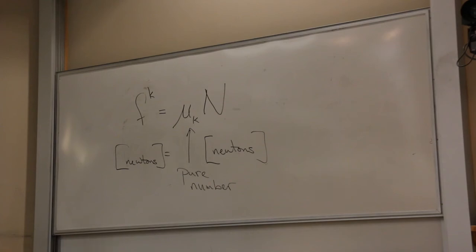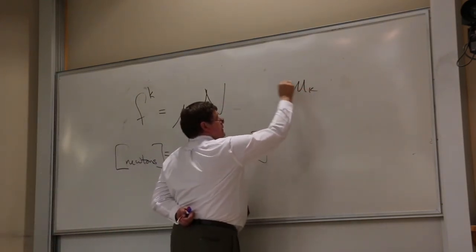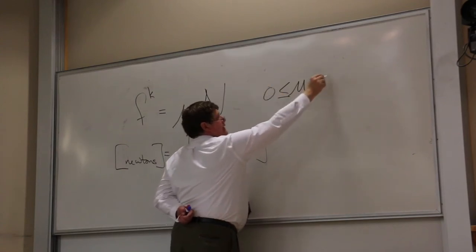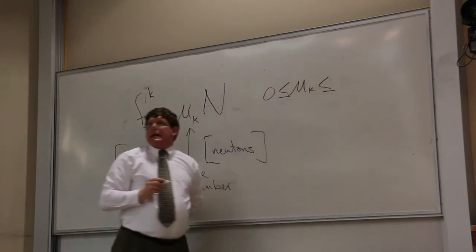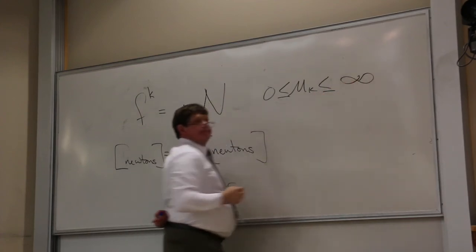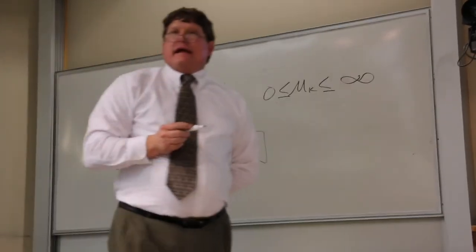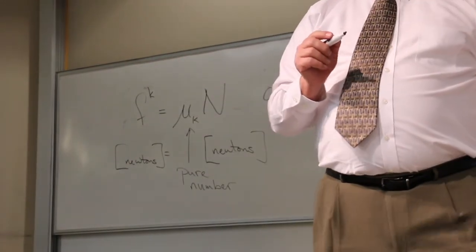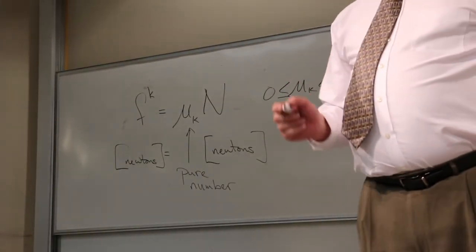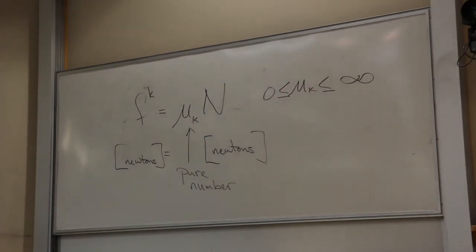And it's a number that is greater than or equal to 0 and less than or equal to what? Actually, infinity. It's a common misconception that it has to be less than 1. If you have super glue, you can make that mu as big as you want. Yes, you can. Okay? It can be very, very big.